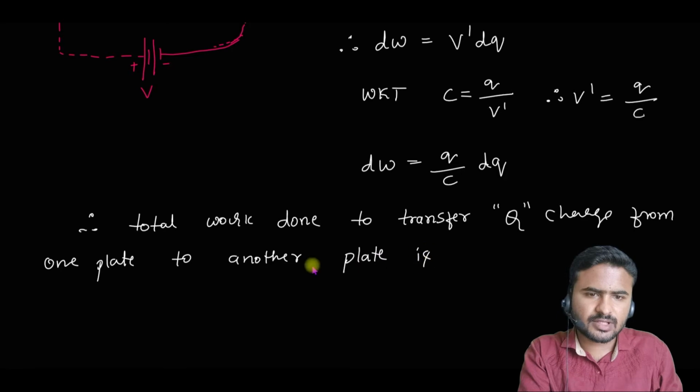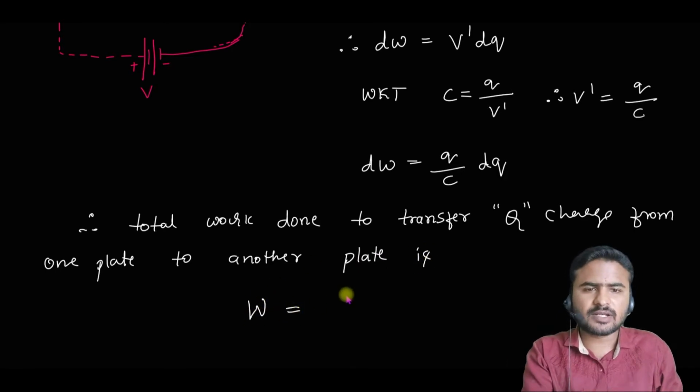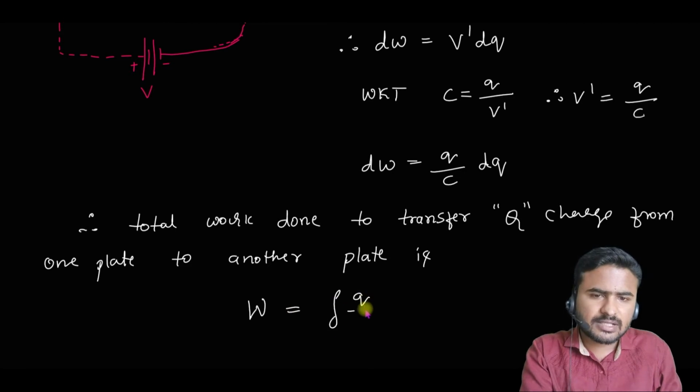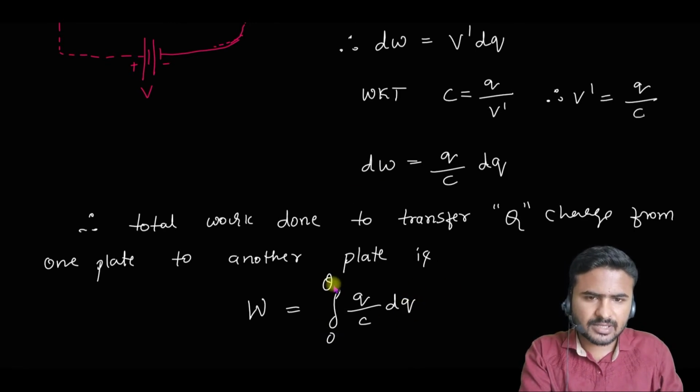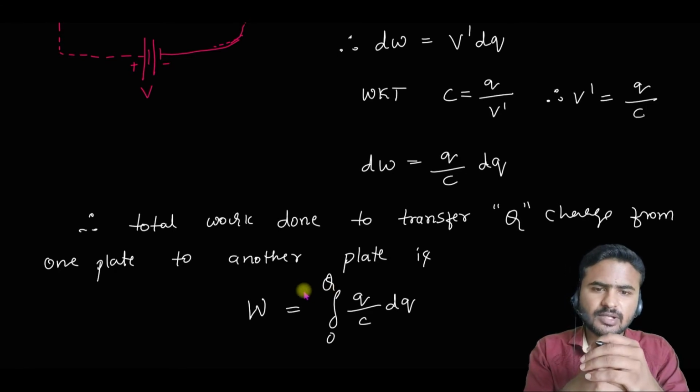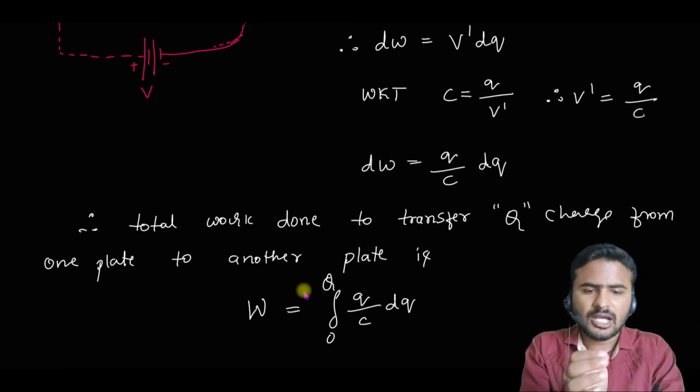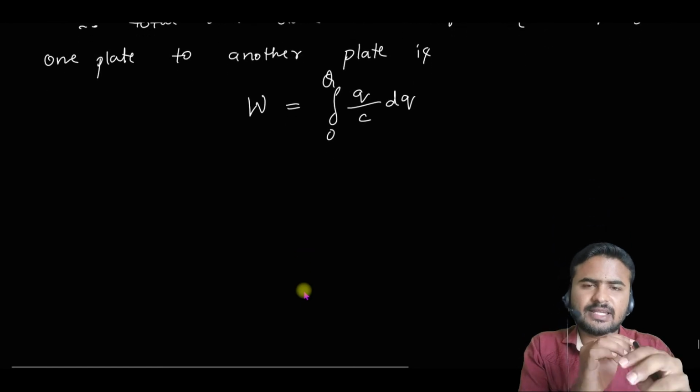The total work done is capital W. How do I get that? Integrating all the small work done, to charge it from 0 to capital Q, will give you the total work done. And this total work done is nothing but the energy stored.